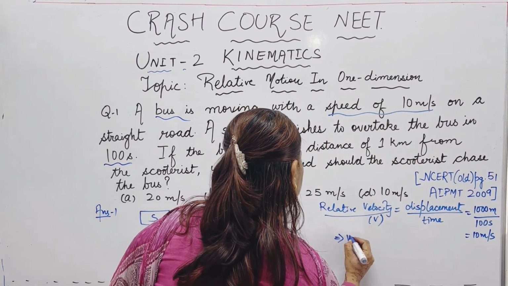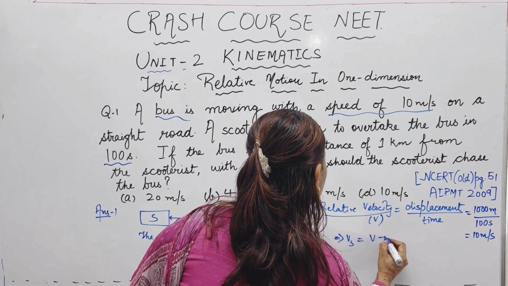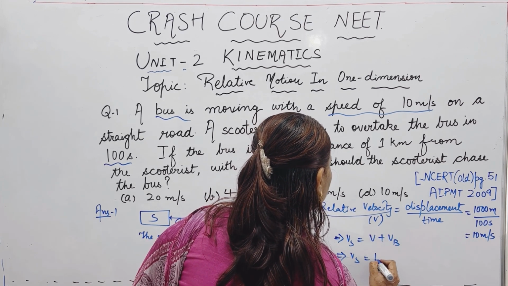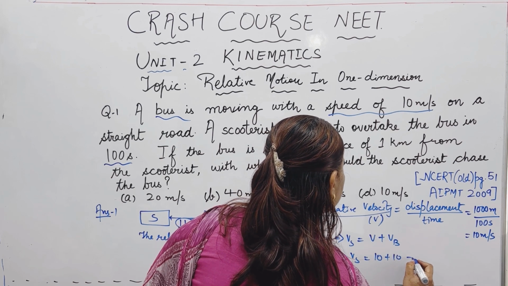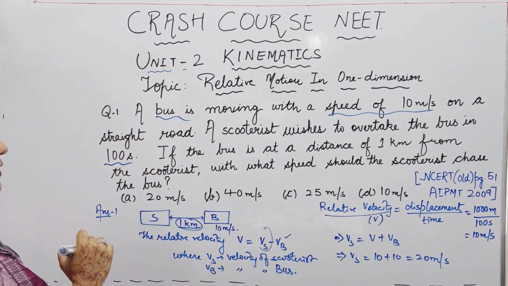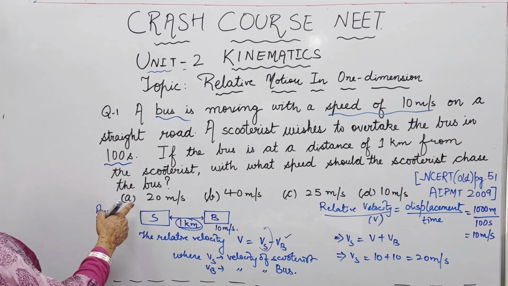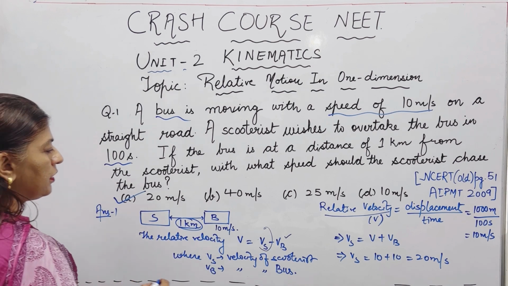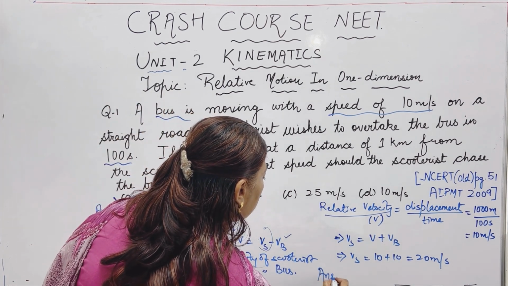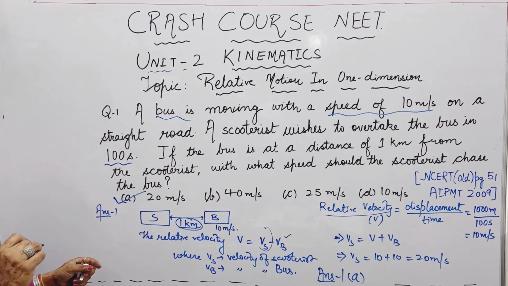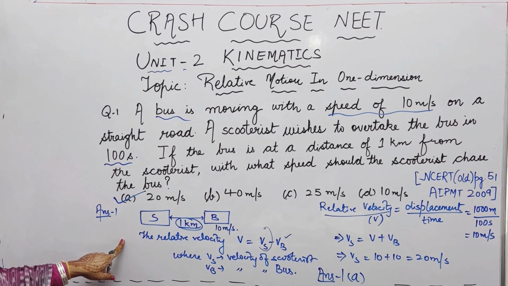Vs is equal to v plus Vb, so Vs is 10 plus 10, that is 20 meter per second. Now let us see the options. Option A, 20 meter per second, is the correct one. At 20 meter per second the scooterist will chase the bus.